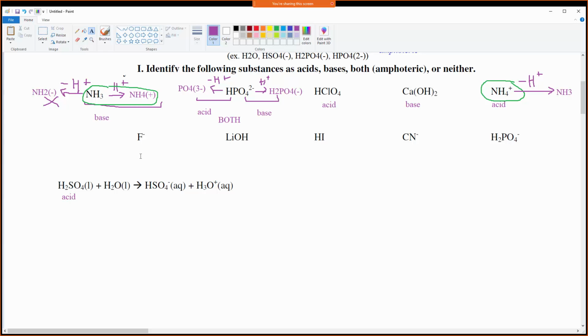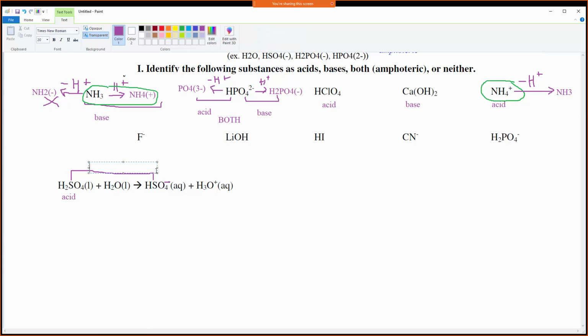But if you weren't sure, then the other thing is to say, okay, well, what happened when we went to the product? The H2SO4 became HSO4 minus. It lost a hydrogen and it lost a positive charge because now it's negatively charged. So clearly, because it lost its H plus, we're going to say it donated its H plus because it's not there anymore. You guys see that?